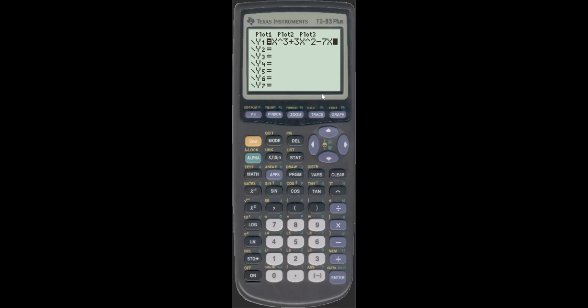This is the Y1, and then in Y2 you've got a 15. Let me know when you've got this plugged in, because we do want to graph it. All right, so I'm going to graph, and that's the cubic, and then there's the 15.